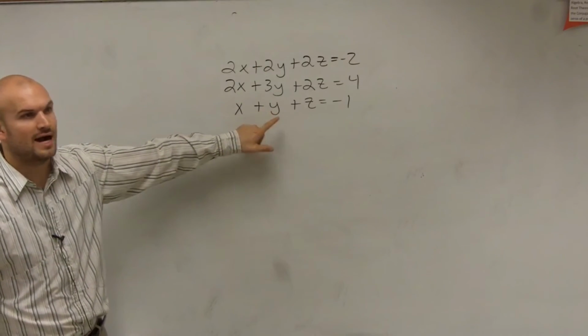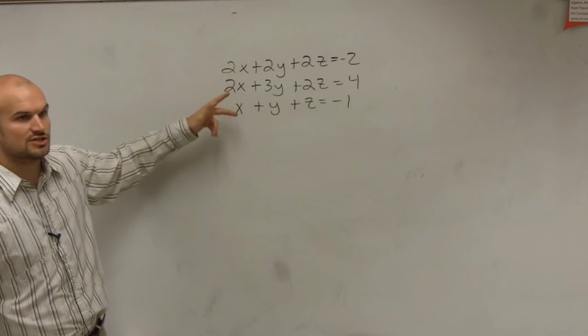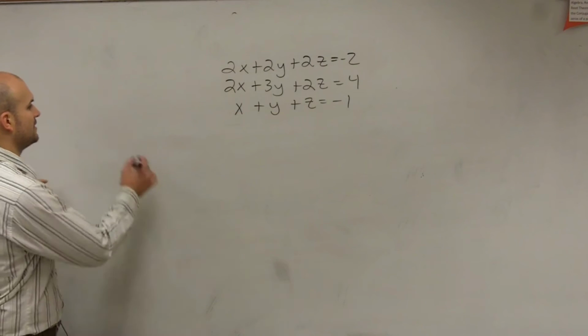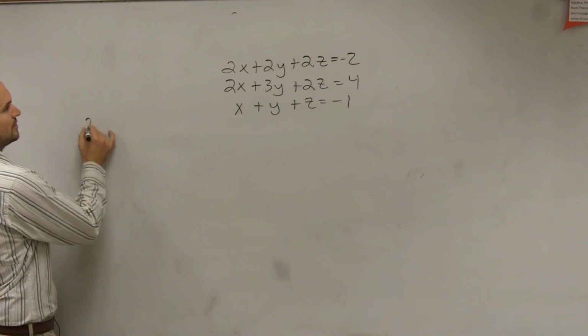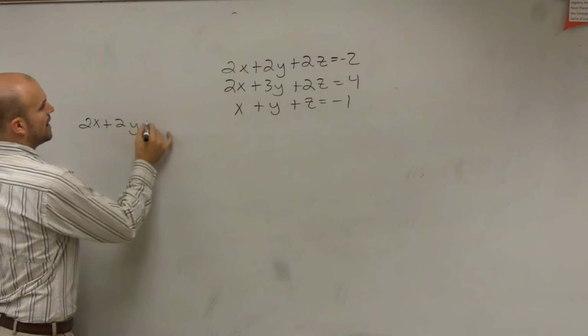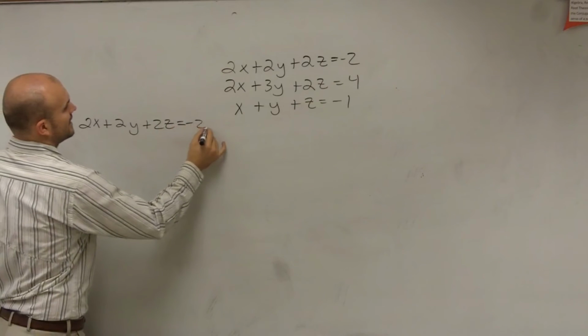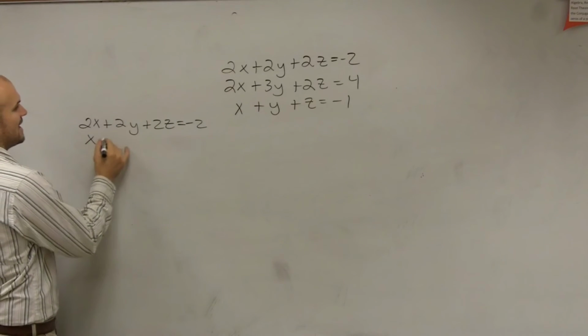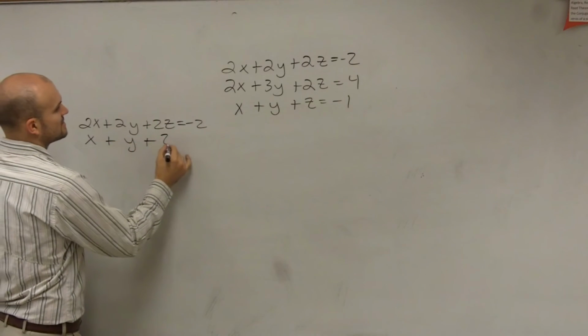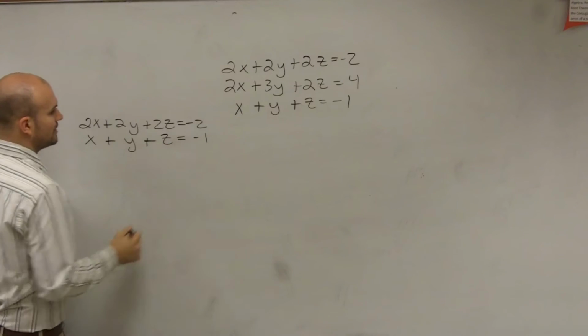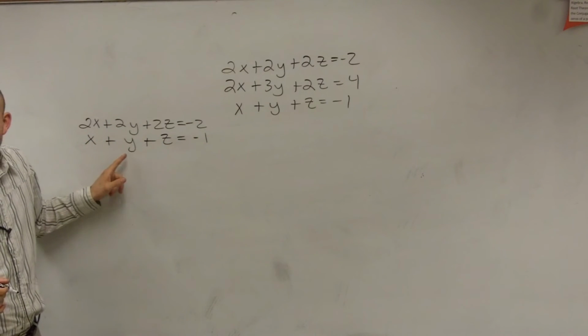If I want to eliminate the y between the first and the third, let's write out the first and the third equation. So I'm going to do 2x plus 2y plus 2z equals -2. And then over here I have x plus y plus z equals -1. So to eliminate the y, what do I need to do?